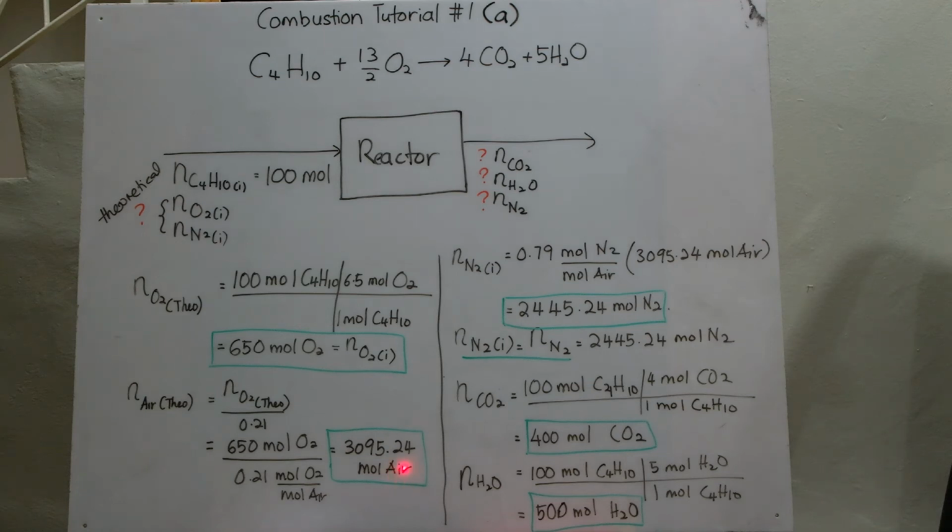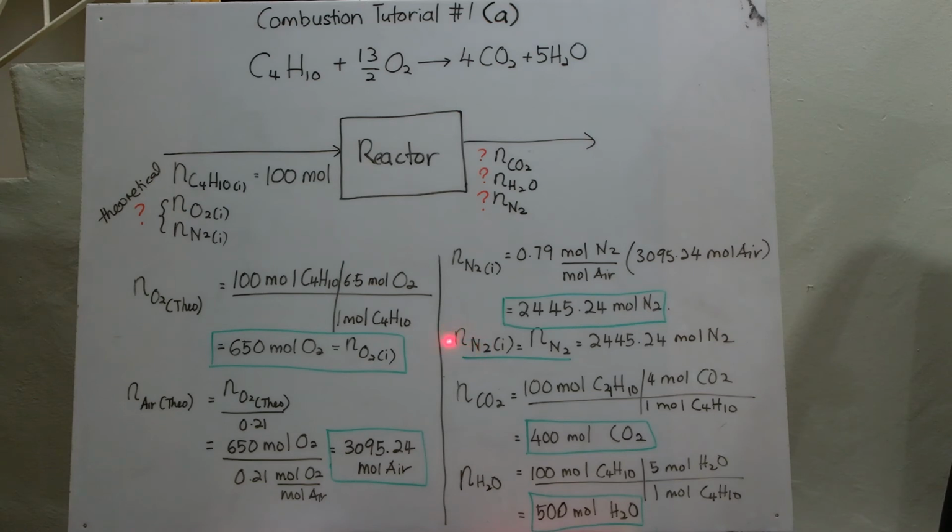So from here, we can find N2. We know this much mole of air, and since N2 is 79% of air, we use this equation: 0.79 times total mole of air, and then we get the mole of N2 going into the process theoretically.